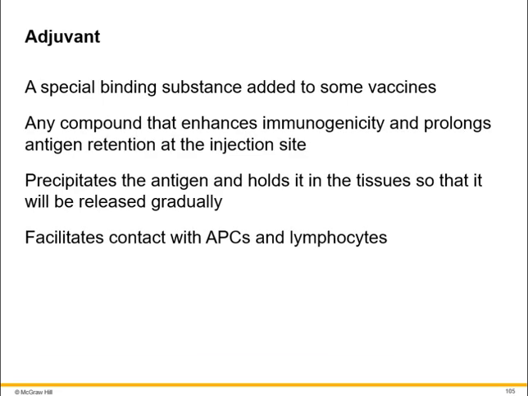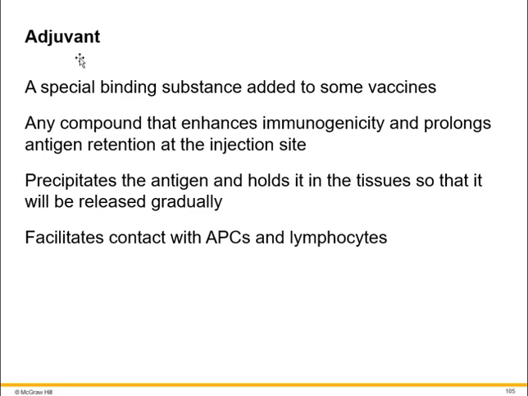And sometimes they'll add an adjuvant. You may have heard this term before, but may not have understood what it means. Basically it's a special binding substance that enhances the immunogenicity. Aluminum seems to be an adjuvant that's very effective. It's like that carrier protein for the hapten.